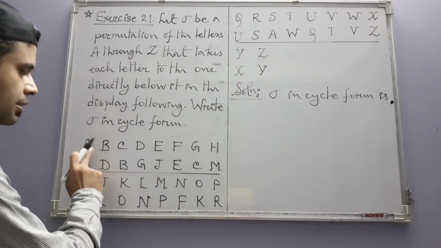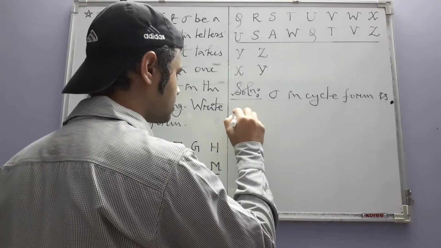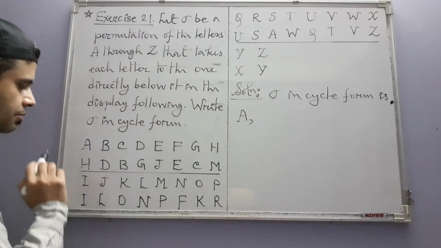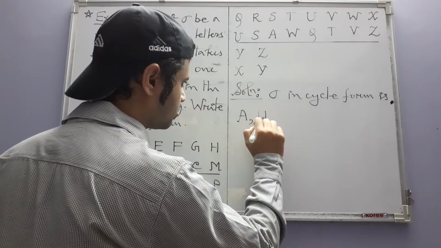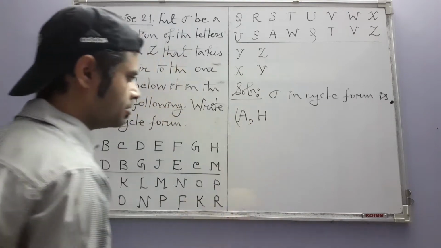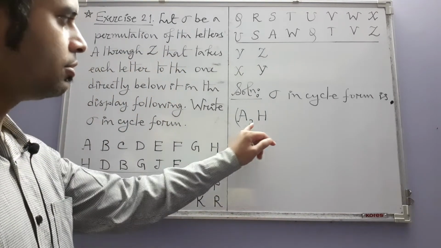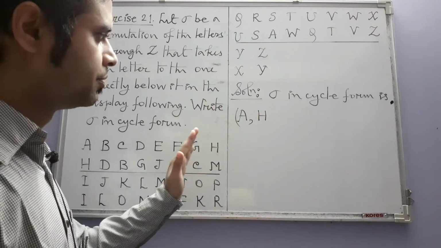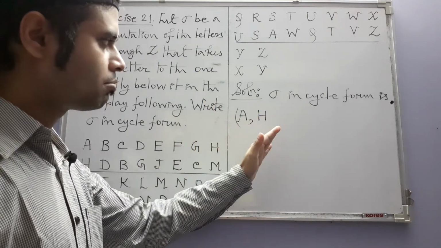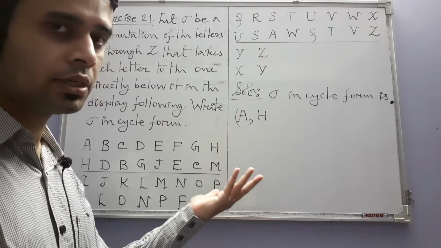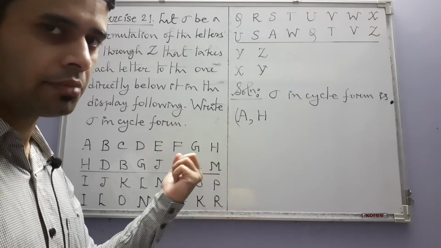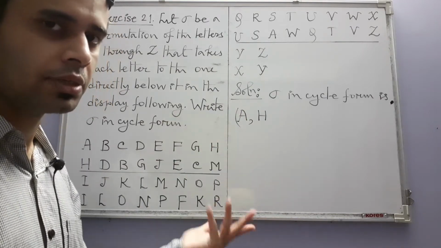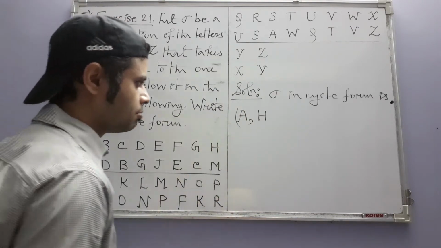We start with the first symbol, of course, the first letter A. The image of A under sigma is H. So our cycle starts like this, and we will continue to use commas to separate the symbols, just like we have been doing. Although not using commas will not create any confusion here because we are not dealing with numbers, but let's just be uniform in what we are doing and continue to use commas.